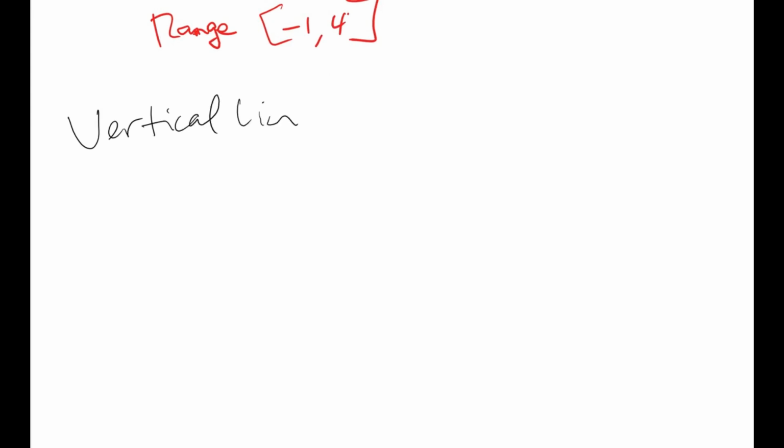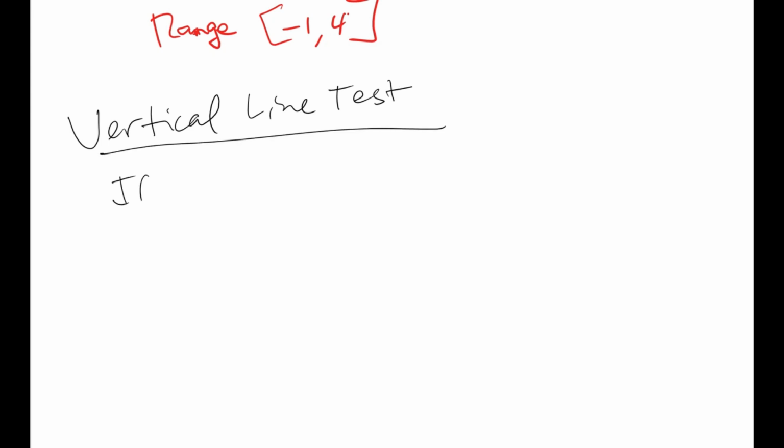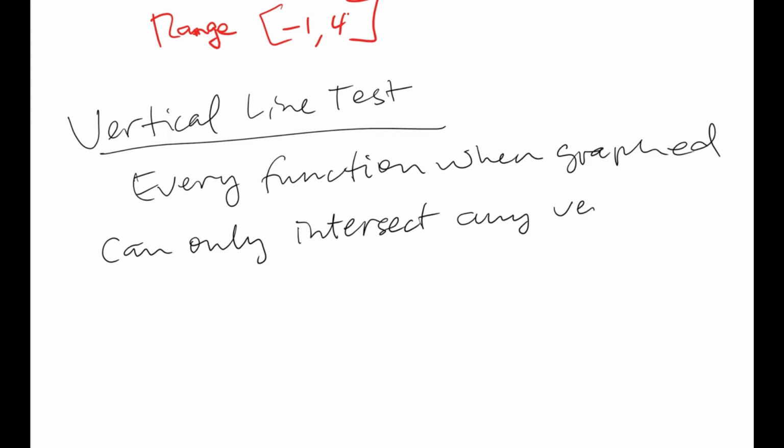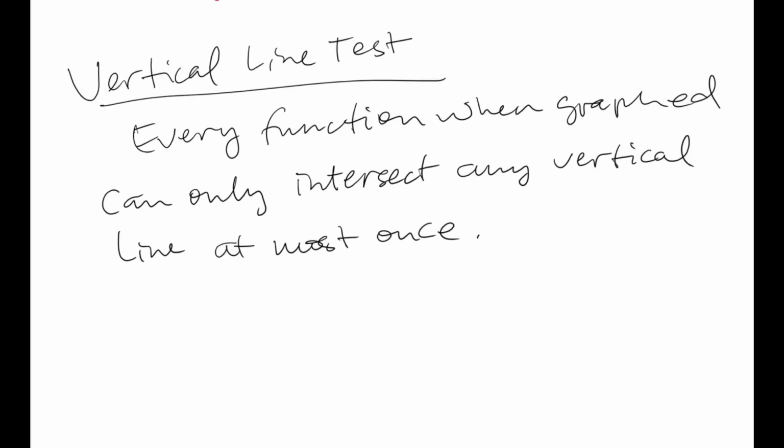And it says this: every function, when graphed, can only intersect any vertical line at most once. At most once. So if it hits it twice, then it's not a function.